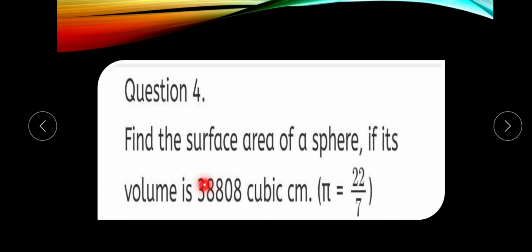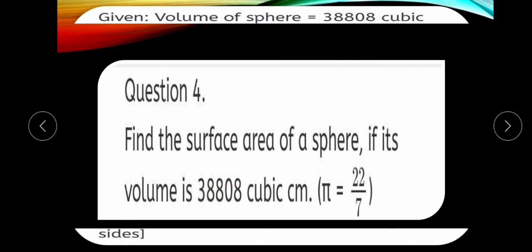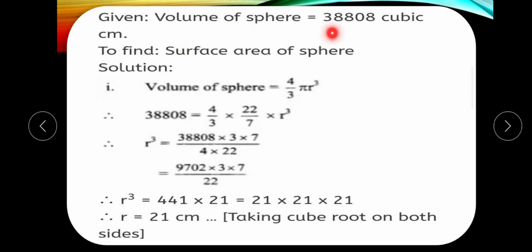There it was find the volume of the sphere having the radius 21 centimeter. Now here we need to find the surface area from the volume of the sphere. Let's start. Volume of sphere is equal to 38,808 cubic centimeter. Now we need to find the surface area of the sphere. From volume of the sphere, we will get the radius and we will substitute the value in surface area of the sphere.